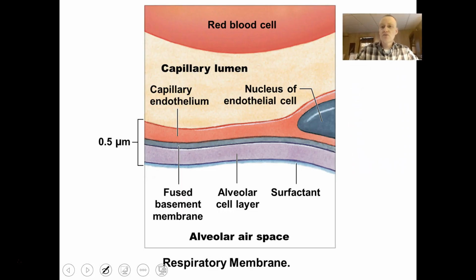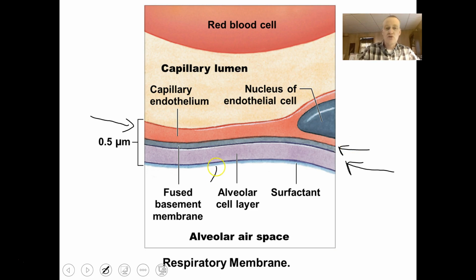This is the respiratory membrane, and it's made up of the simple squamous epithelial cell of the capillary, the simple squamous epithelial cells making up the wall of the alveolus, and then the two fused basement membranes, which are the middle layer in the sandwich there.